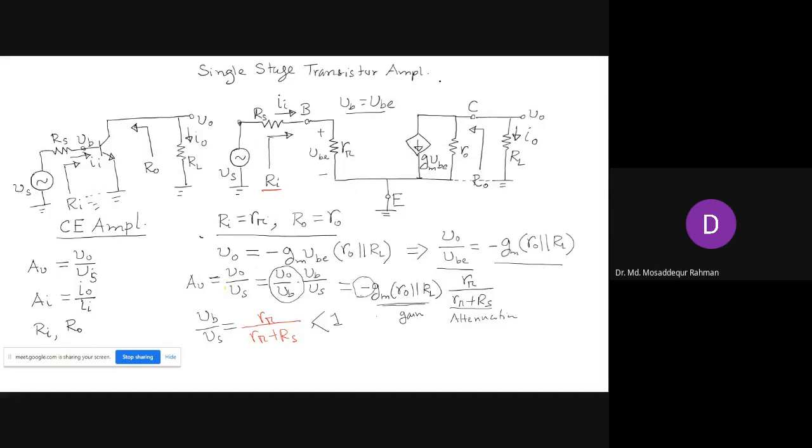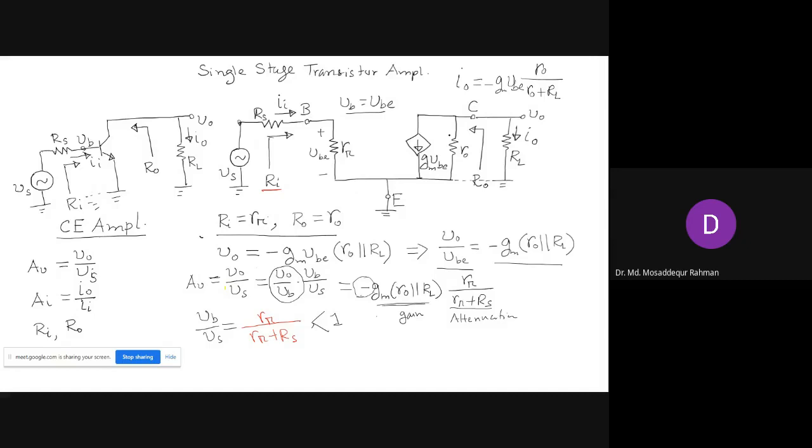To be more accurate, if you apply the current division, then we have minus GM VB, that is the total current, because I naught and GM VB are in opposite directions, so we put the minus sign, and then R naught divided by R naught plus RL. So that will be your current I naught.